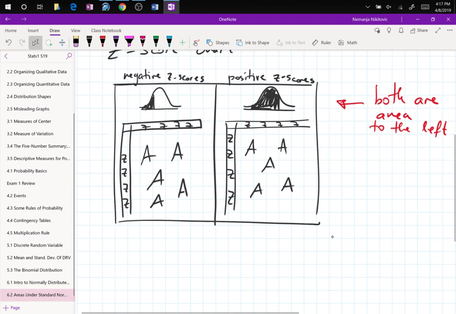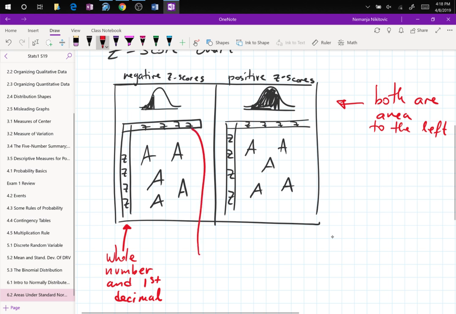Now in here is your whole number and first decimal, and here is your second decimal. And the same goes for the other side, obviously.